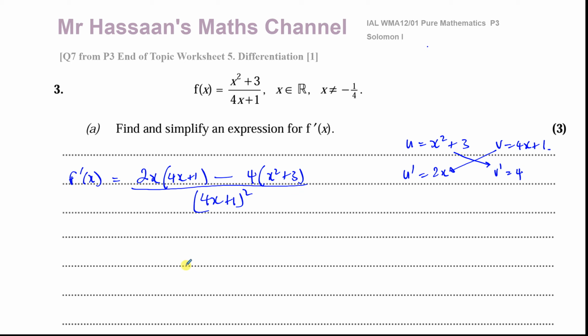Now we're going to simplify. So f dash of x is going to be 2x times 4x, which is 8x squared, plus 2x minus 4x squared, and minus 12, all of that over 4x plus 1 all squared. No need to expand the denominator.